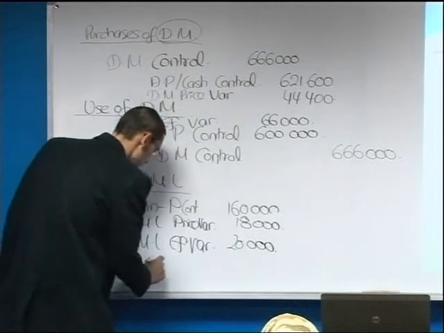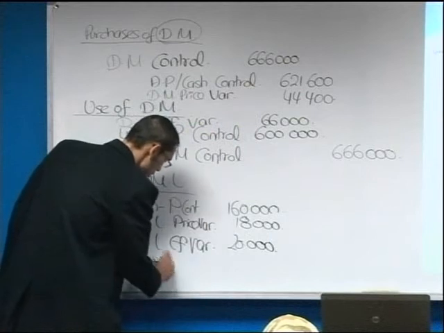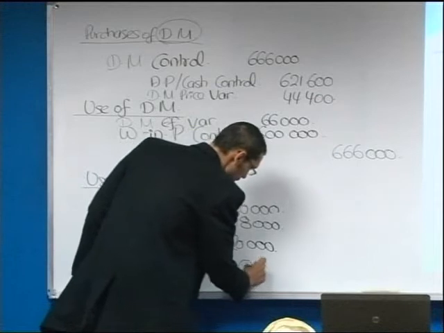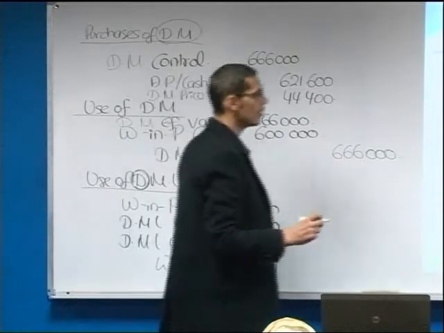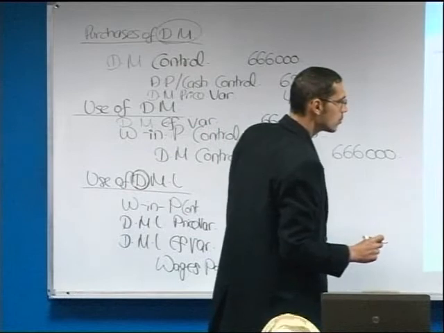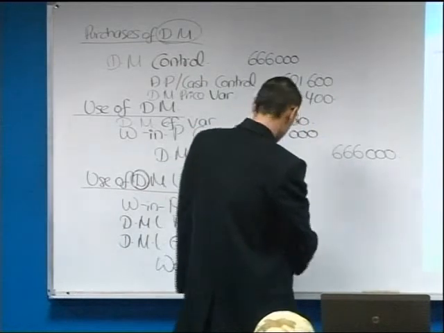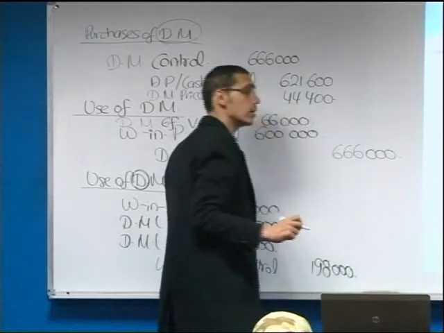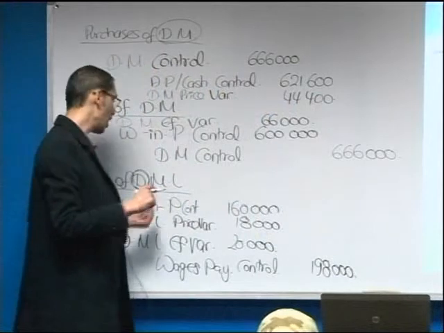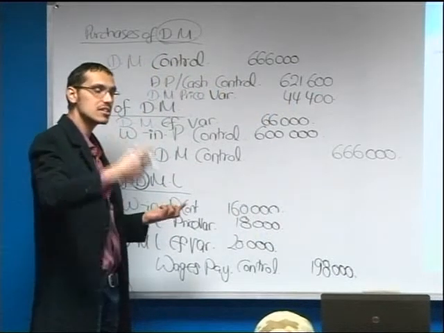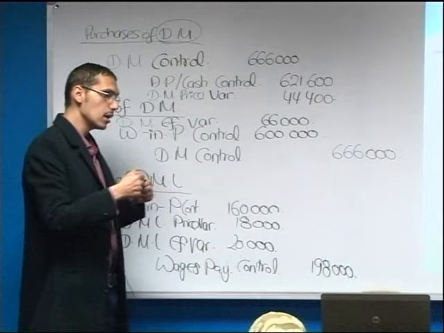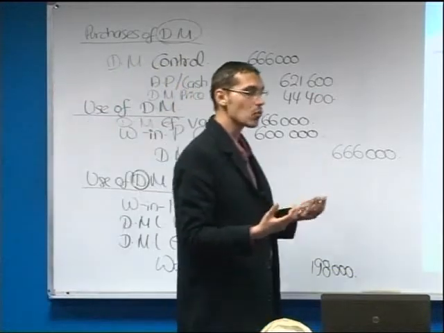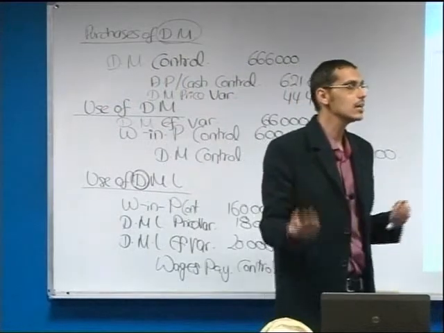And at last, of course, the wages payable control by the amount of $198,000. As we can see here, from our recognition of these variances, I am considering these variances in a timely manner in order to perform our corrective steps also in a timely manner.